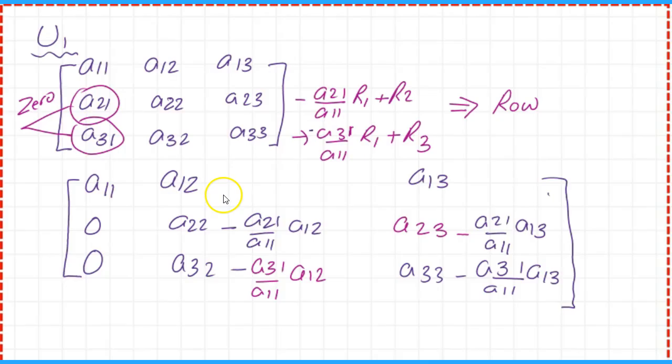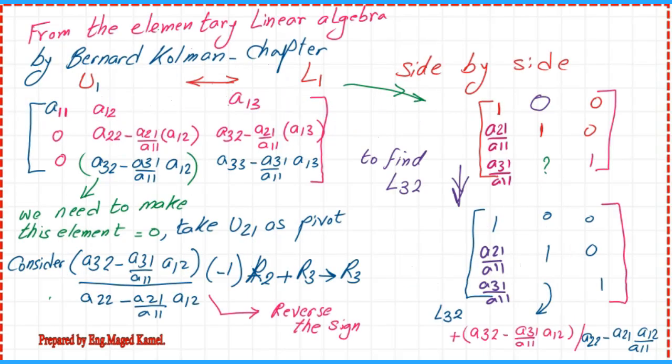We use this as a pivot, and we divide this by this element. We multiply in the second row to get the value of L32. This is a procedure adapted from the elementary linear algebra book by Bernard Kolman, where we can create L1 and U1 side by side. This L1 is nothing but the diagonal of 1s and A21 over A11.